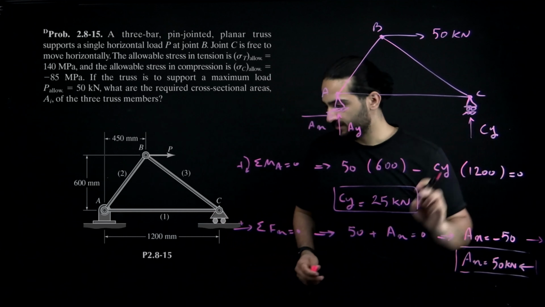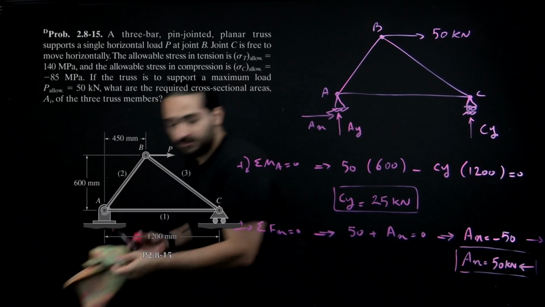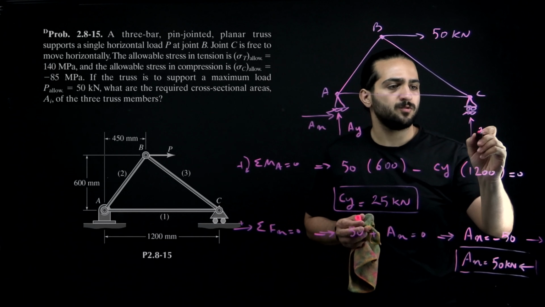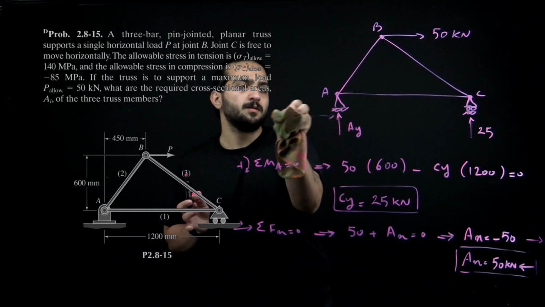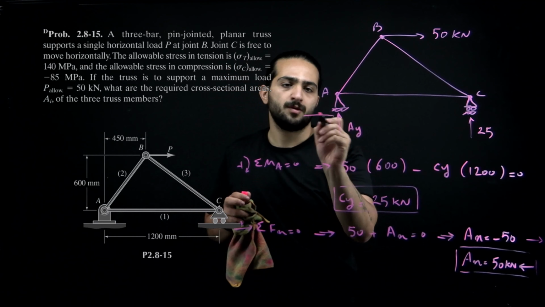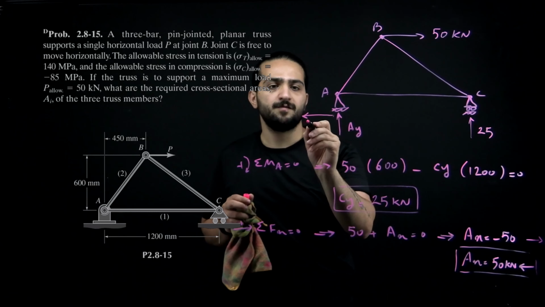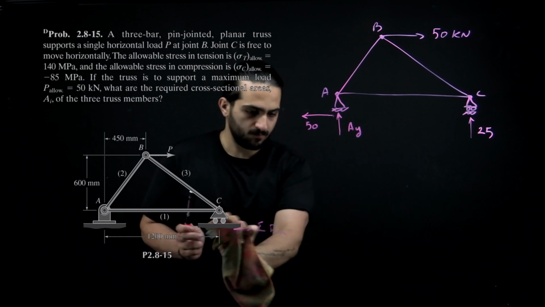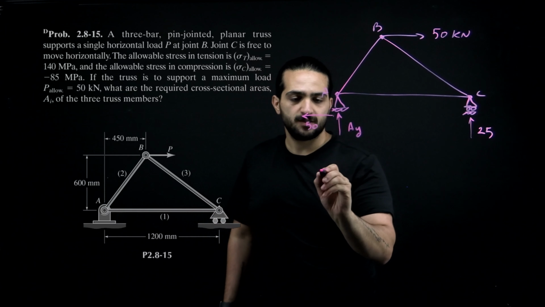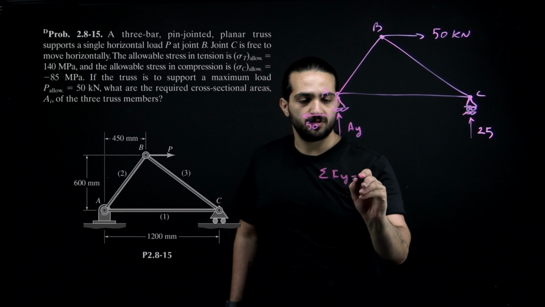So I'm going to substitute these values, 25 and 50. In the y direction, sigma Fy is equal to 0.